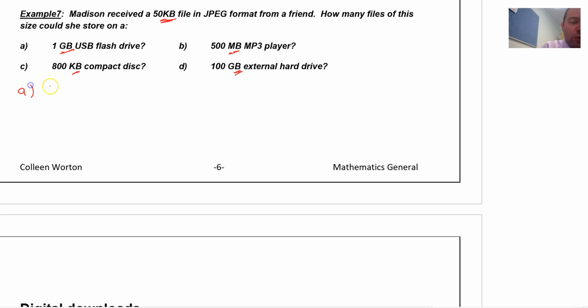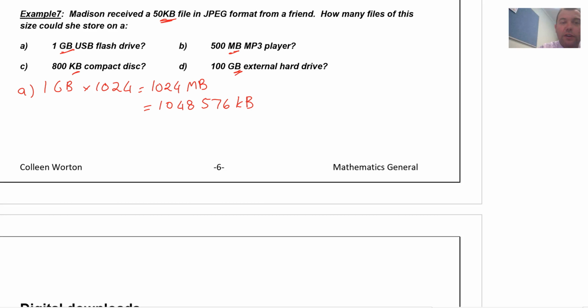So, A, 1 gigabyte. If I multiply that by 1024, that gives me 1024 megabytes. And if I multiply that by 1024 again, that gives me 1,048,576 kilobytes.